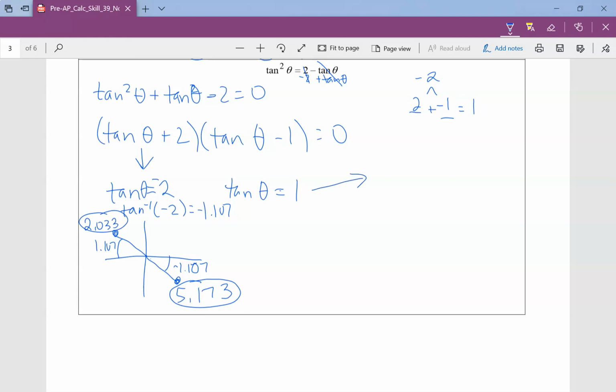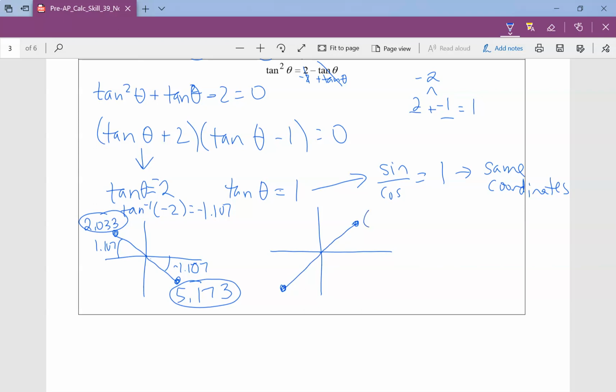Now for this one, in order for tangent to equal 1, that means sine over cosine has to equal 1, which means that we're looking at coordinate values that are the same. So if we think about our unit circle, we know that we get positive 1 in quadrants 1 and 3.